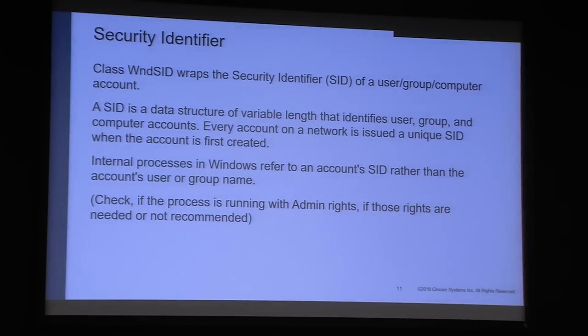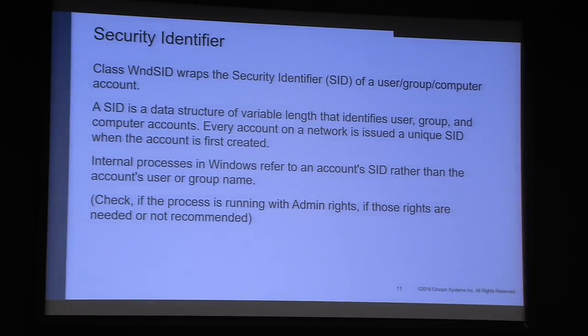So the internal processes in Windows refer to the account security identifier rather than the account name, user group. So that one is stored, not your user ID and password. The only thing that I use it for is to figure out, am I running with admin rights? Very nice for when I need to write an installer, or a customer needs to write an installer, you need to have the elevated privileges.